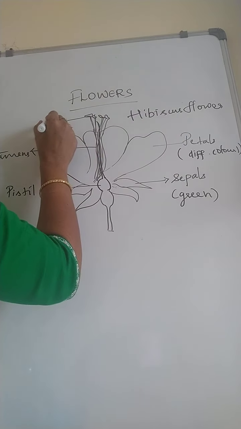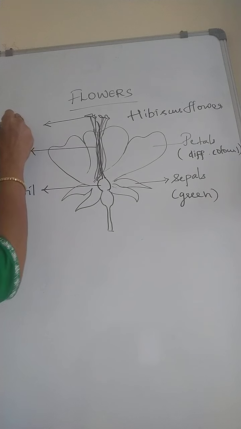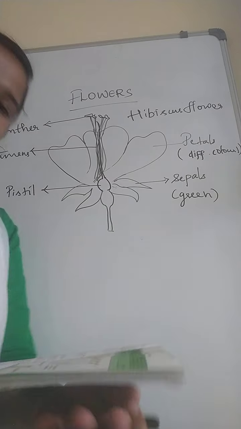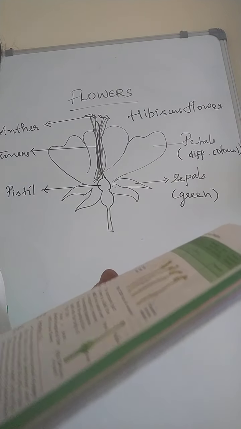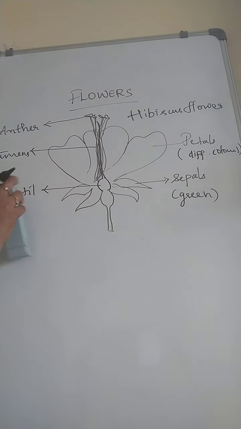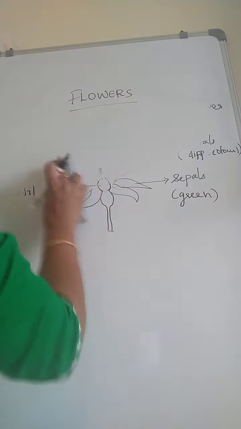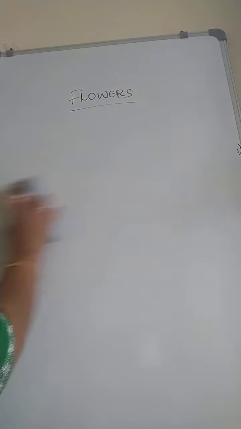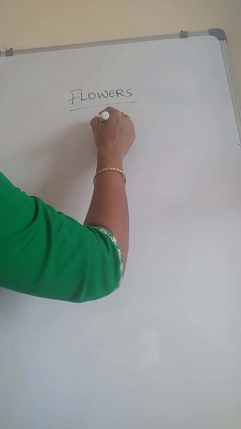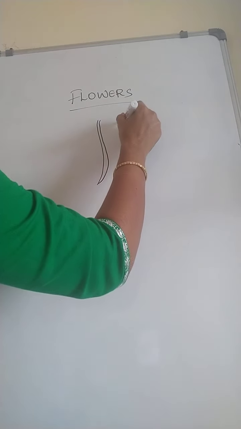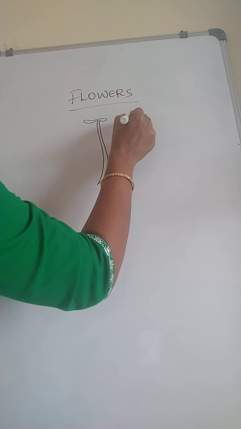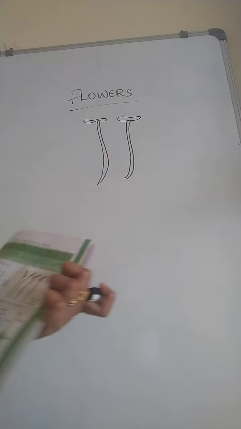Then you can see some bud-like structure on the top of the flower, that is called an anther. Okay, look at figure 7.23 carefully. Here I will draw the diagram. Like this you can see four.